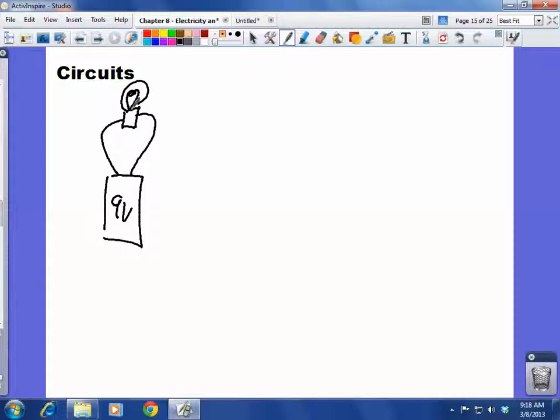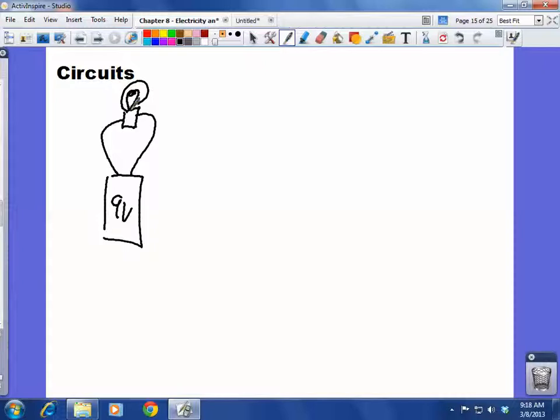But now, to make our lives a little bit easier, instead of me drawing this crappy picture of a battery and a light bulb every time, we're just going to draw a very simple circuit. A circuit is just a way for us to represent an electrical system. If you were in instrumentation, you've probably seen things way more advanced than anything we're going to do here.